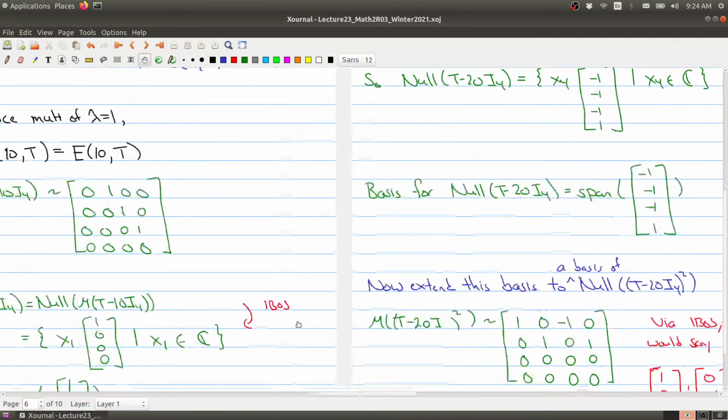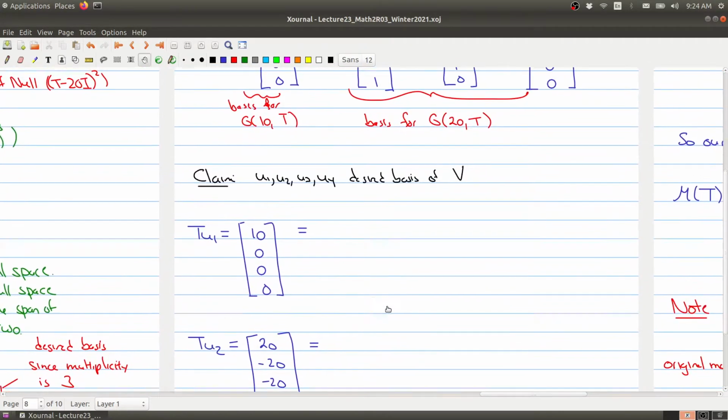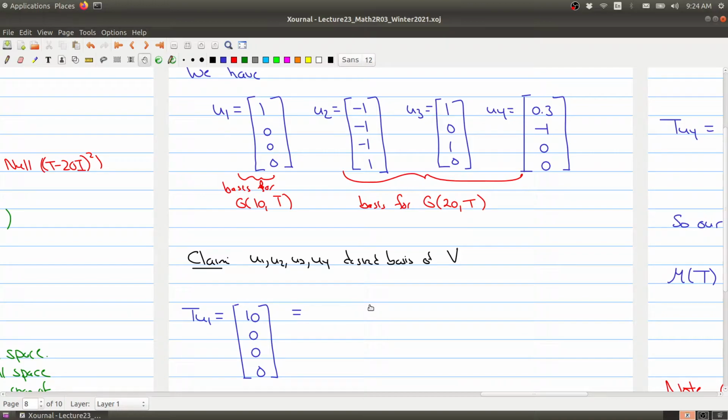Now, for each individual part, we want to say something about it. First of all, we want to claim that this is the desired basis in order to get the proper shape for the matrix in terms of the original theorem. So what we want to do is take each of these basis elements and plug it into our function T. When we plug u1 into T, we get the vector 10, 0, 0, 0.